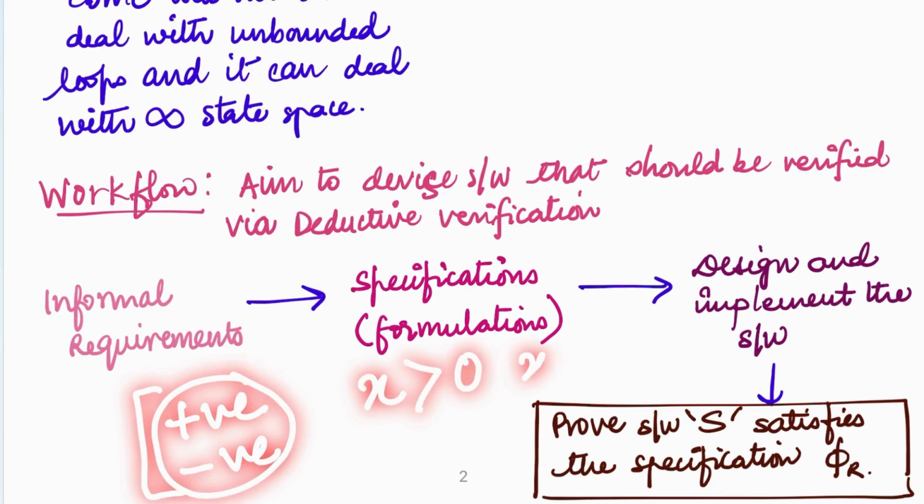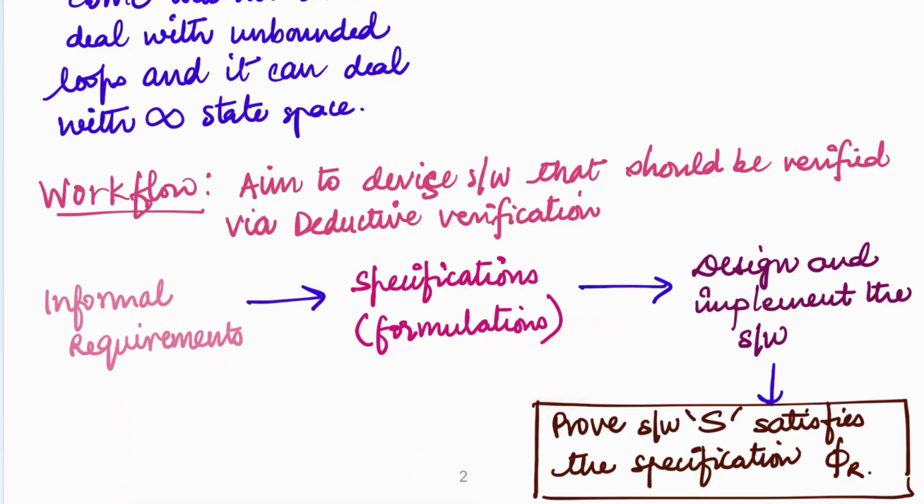That is, you're giving your input, you're ranging your input between these two so as to get either a positive or a negative number. We are not considering 0, suppose, for a particular program. Now we will be formatting. This is x is greater than 0, x is less than 0, and we put an and. What is this? This is a formulation.